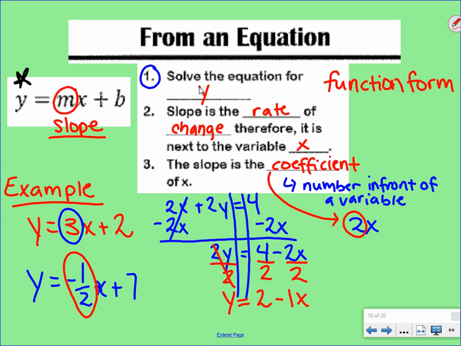Which number is right in front of your variable x? Should have circled negative 1. 1 is right in front of the x, and we do need to keep the sign with the number. So in this equation, our slope, our m, is negative 1.